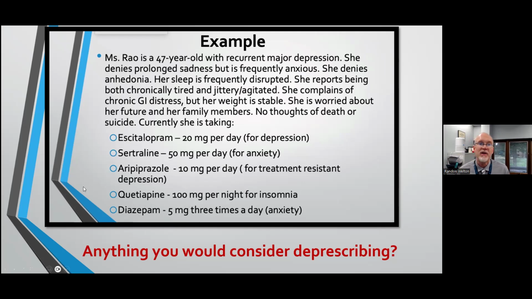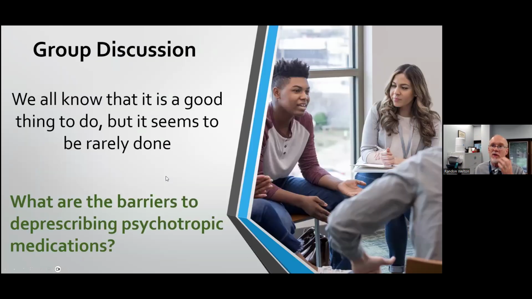So good. Now, I think we would all agree that this is a good idea, right? That deprescribing, having them on the lowest number of medications just makes sense. Monotherapy if possible, but if not possible, then the least number of medications, the fewest categories, not duplicating stuff as much.